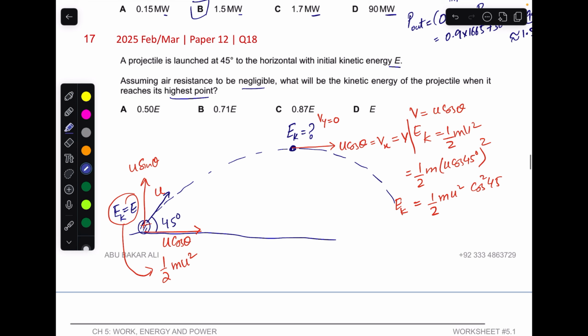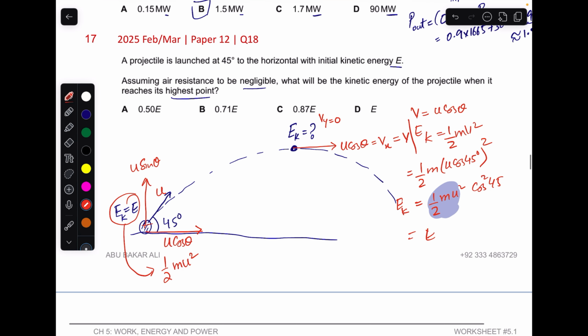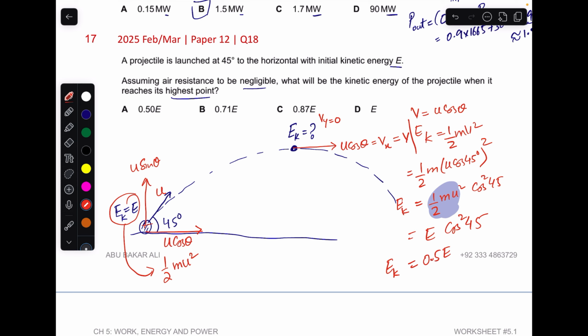So this can be called E, multiplied by cos squared 45. If you solve cos squared 45, it will give you 0.5. So 0.5 E is equal to the energy at the highest point. It's option A.